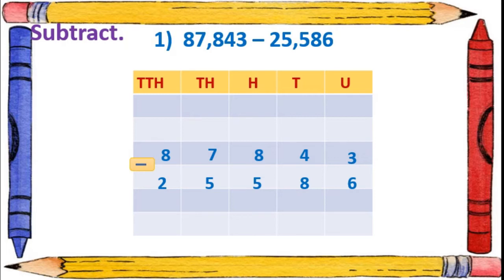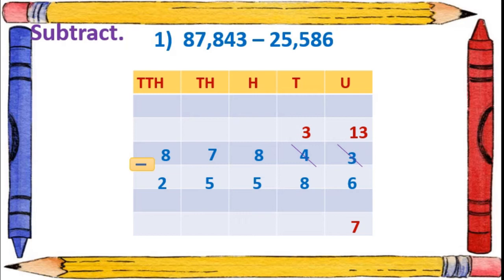We will begin with unit place. 3 minus 6, not possible. Again borrowing. So we will untie this 4 from tens place and we will get 10 units plus 3 units, that became 13 units. And here 4 became 3. Correct? So 13 minus 6 is 7.